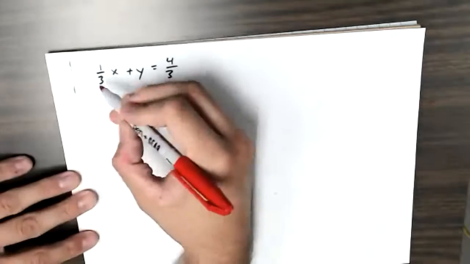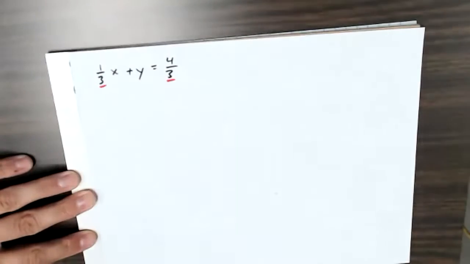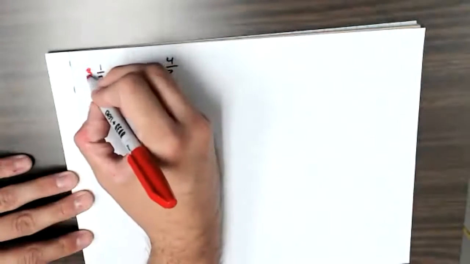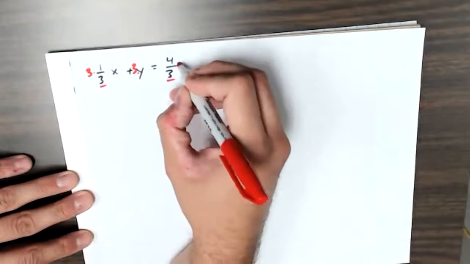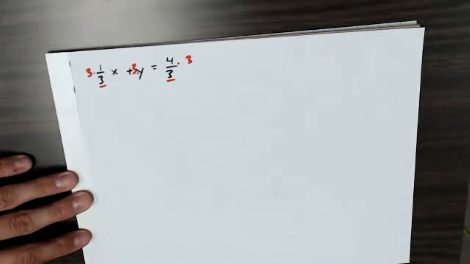For this one, the common denominator is pretty easy because it's 3, the only denominator in both of these. So you've got to multiply every single term by 3.